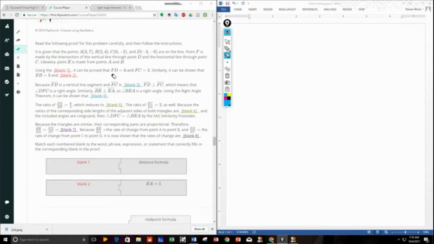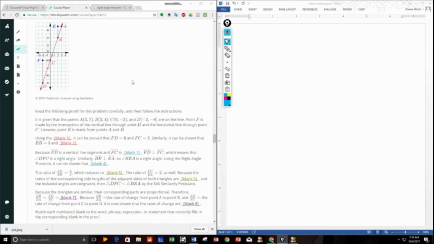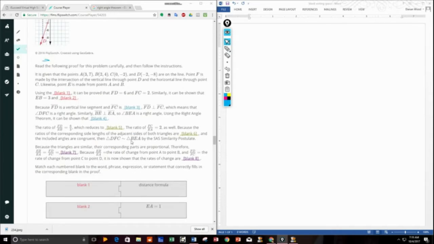Alright, now moving on, we'll scan this. Because FD is a vertical line segment and FC is blank, FD is perpendicular to FC. Well, what is FC? FC is horizontal, so blank 3 is horizontal.